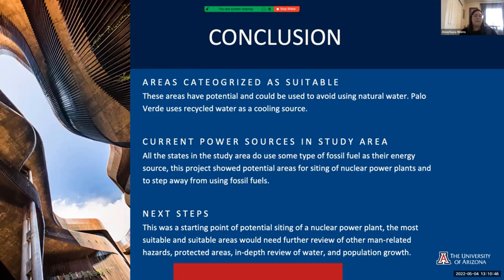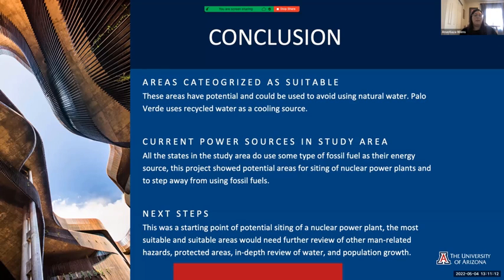Arizona is one of them. Even though we have a nuclear power plant, our power source isn't 100% Palo Verde. It is a mix of natural gas and some coal and hydro. So it would be great to look more at what areas could benefit from using nuclear power plants and stepping away from fossil fuels.